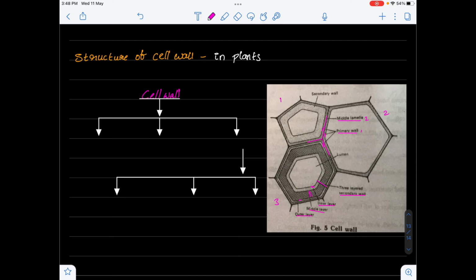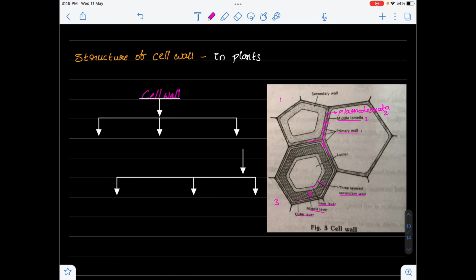In the middle lamella, there are some cytoplasmic strands like this. These cytoplasmic strands are called plasmodesmata, which connect the two adjacent plant cells, and also help in the transportation of nutrients and stimuli between the adjacent plant cells.